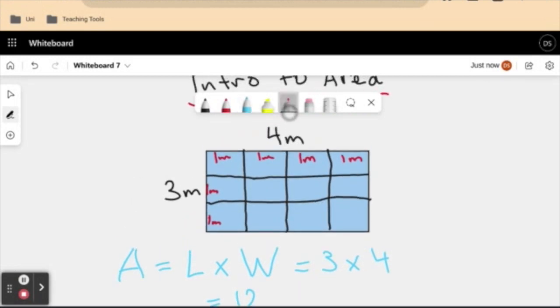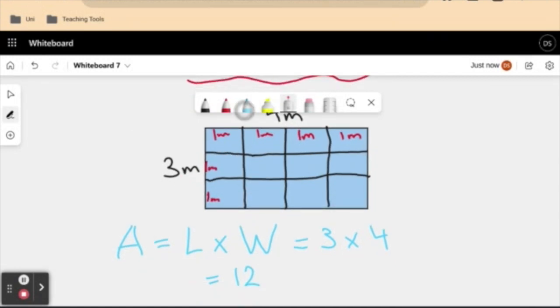Now, the units we use. By unit, I mean this little thing here. So we used meters for our straight line distance. But when we look at area, we write this because we're multiplying our two dimensions, their lengths, we also multiply the actual unit.